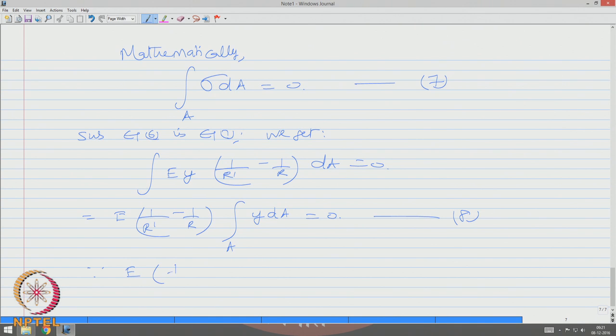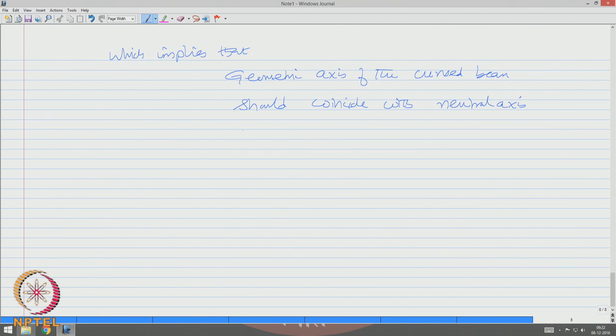Since E by r cannot be 0, integral y dA should be set to 0, which implies that the geometric axis of the curved beam should coincide with the neutral axis of the curved beam. So, that is a very interesting statement we derive from this understanding.